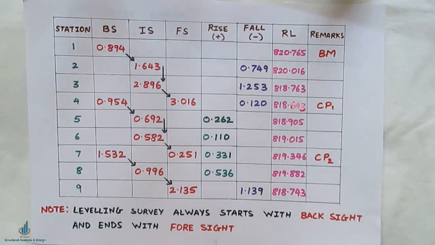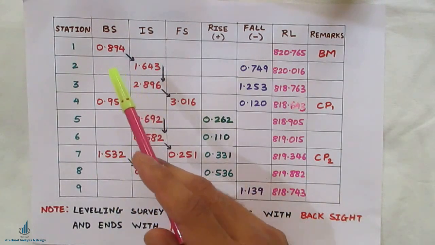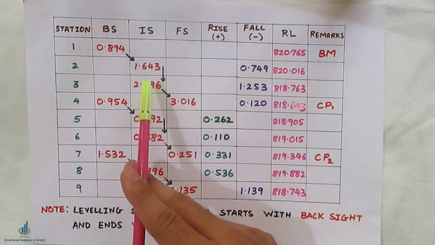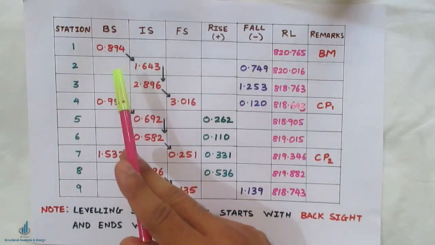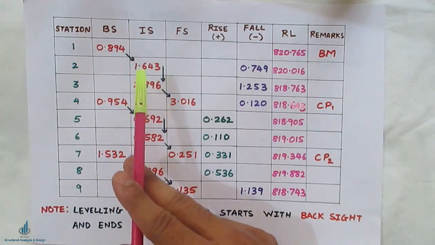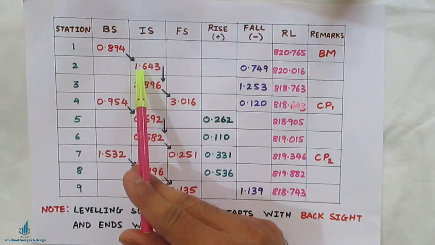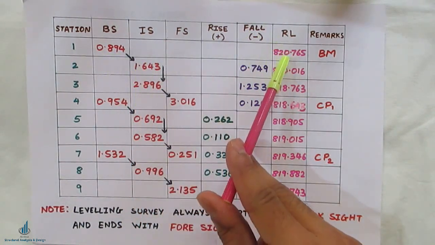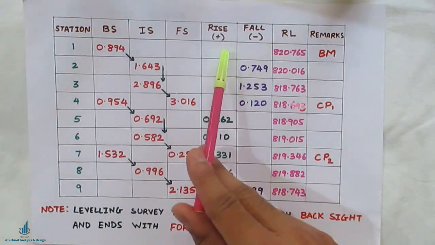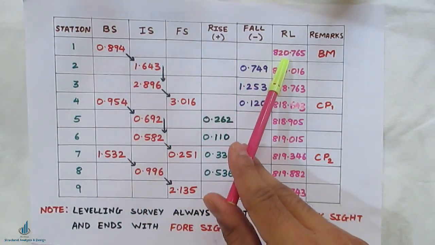In the height of instrument method, at each setting of the instrument you find the height of instrument, but here there is no height of instrument. So in the rise and fall method, what you have to remember is that you have to subtract the staff readings, whether from bigger to smaller or smaller to bigger, it doesn't matter. The first row will not have any rise or fall, since the RL is given directly.